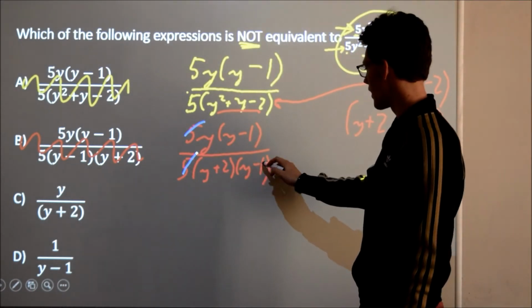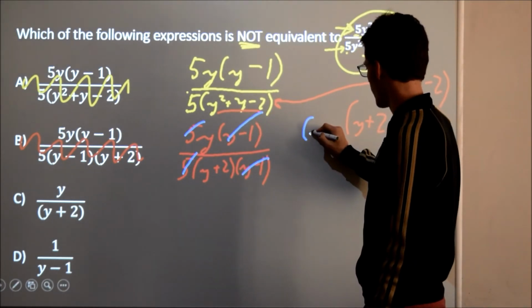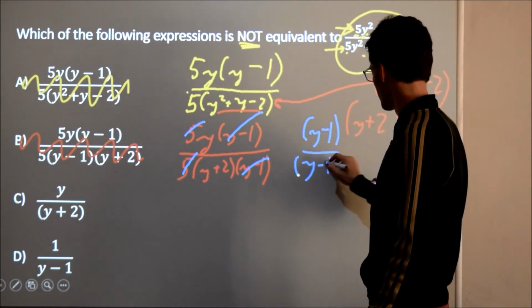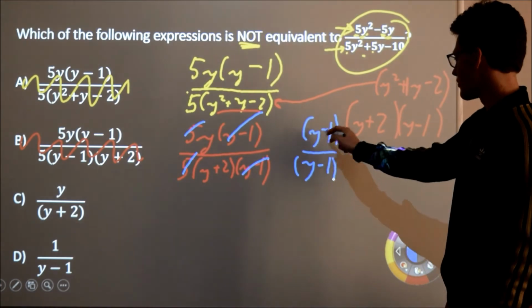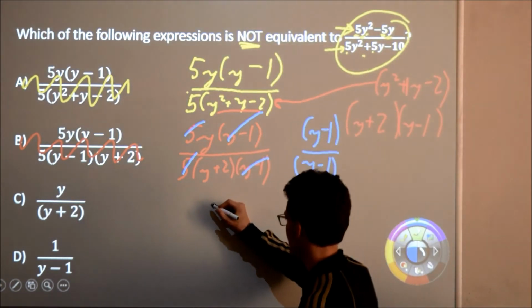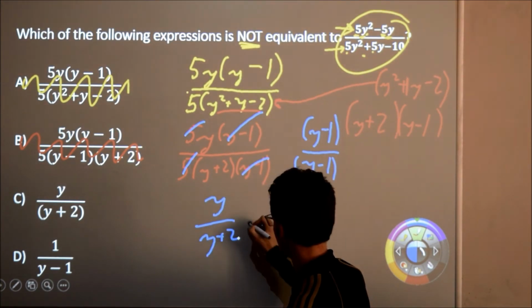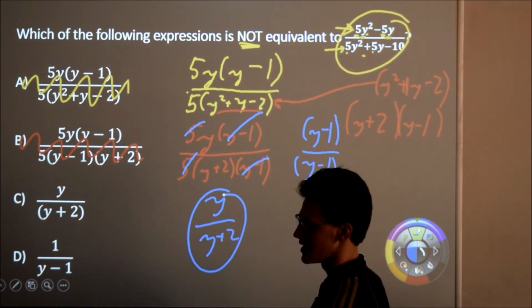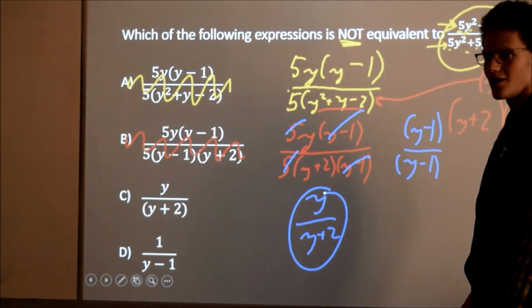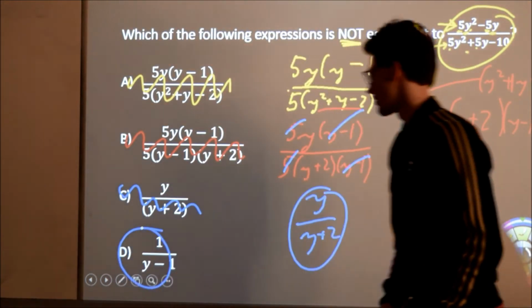And also, this y minus 1 and y minus 1 can cancel because no matter what y is, they'll give you the same answer on both the top and the bottom, which means it's 1. So if we write everything out, it becomes y over y plus 2. And that's the simplest it can get. That's answer choice C, which means that C is equivalent with our original equation. So we can cross out C, and D is the correct answer.